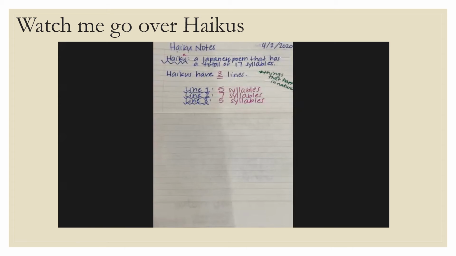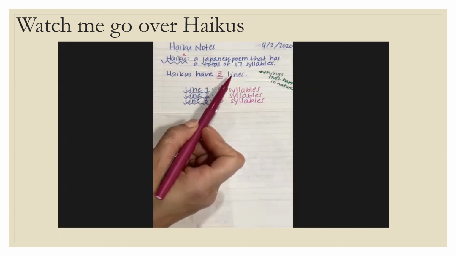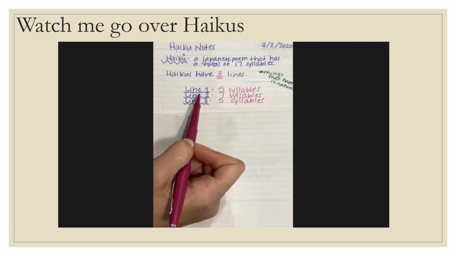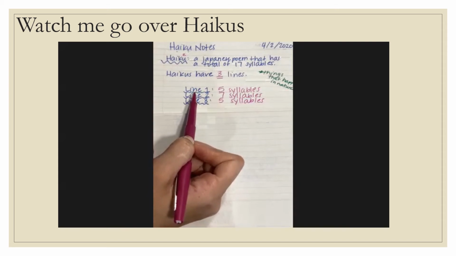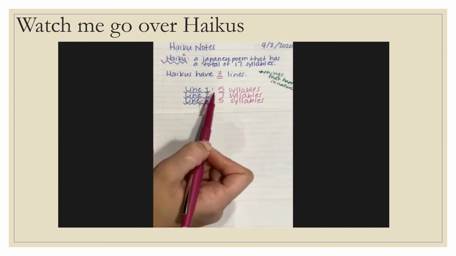So going back into the rules that we just learned about haikus, they have 3 lines, okay? That's something that distinguishes a haiku, 3 lines, and each line has a special thing to it, just like cinquains. But instead of cinquains having a number of words for each line, a haiku has a number of syllables for each line.